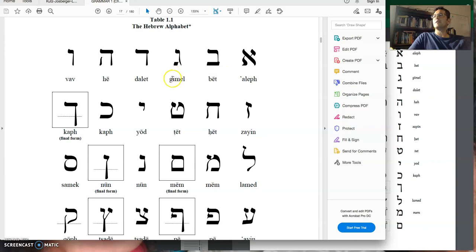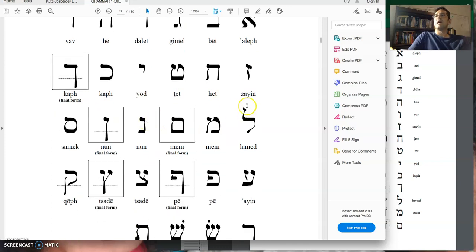And then the next part is Zain Het Tet Yod Kaf. So altogether, the first half is Aleph Bet Gimel Dalet Hey Vav Hey Vav, Zain Het Tet Yod Kaf.